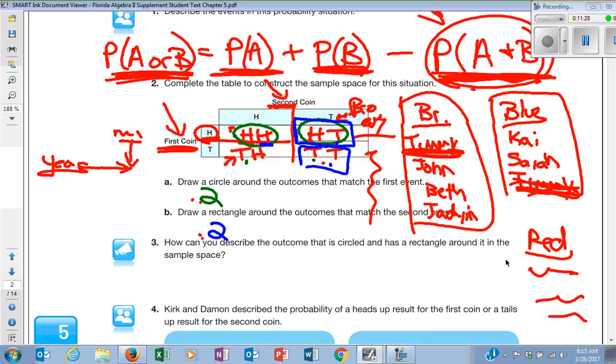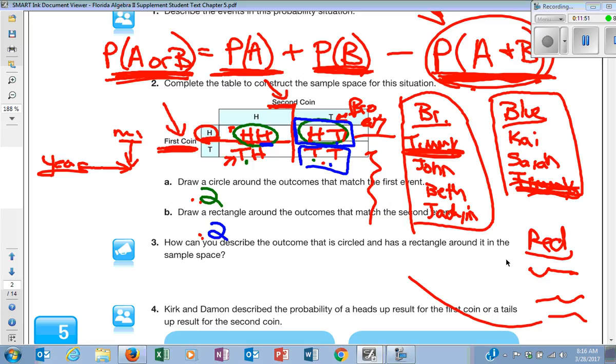There would only be one person out of the whole list of people that would make that true. So my probability of getting that is not very good. Very low. Now, what if I said, what are the chances of pulling a brown hair or a blue-eyed person? My chances go way up. Does that make sense?